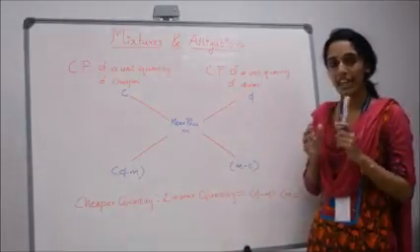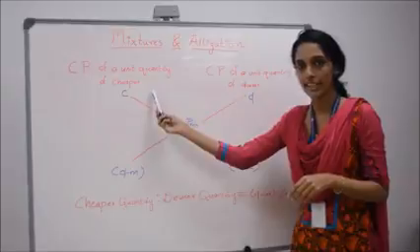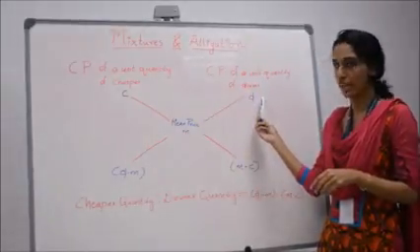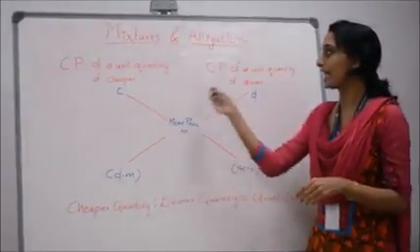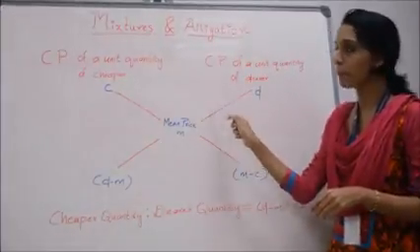And in case of alligation, we find the ratio of cheaper quantity is to dearer quantity. In that, we can easily represent that rule by using this figure.